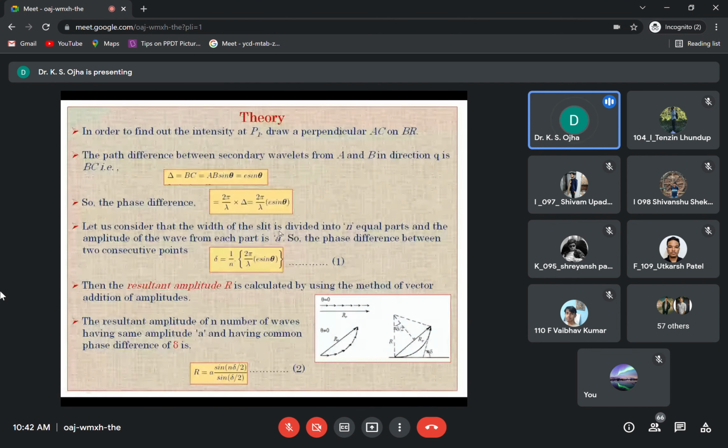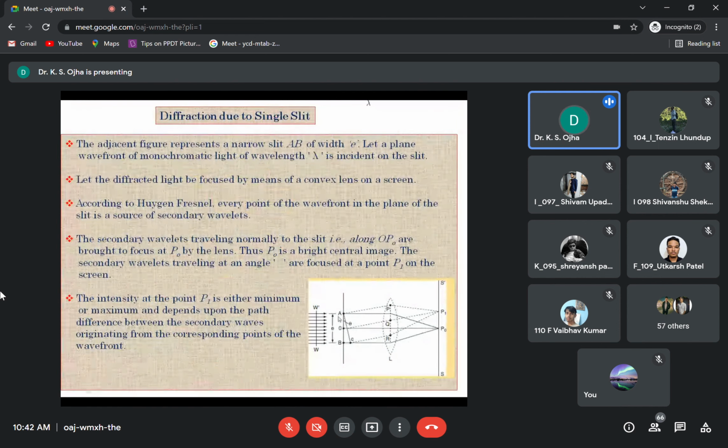Okay. Now, second step. Since the width of the slit is e, we are dividing this slit width in n equal parts. So the width of one part will be equal to e by n.